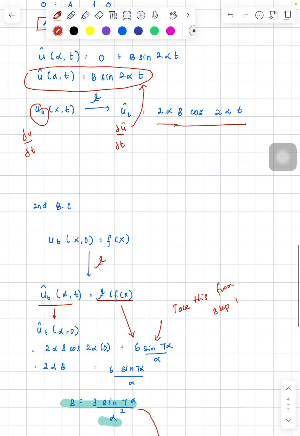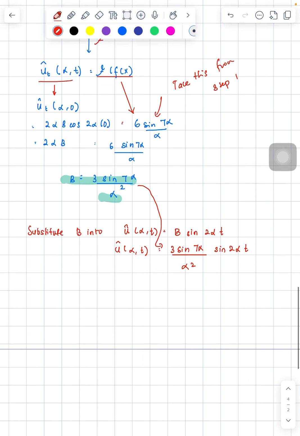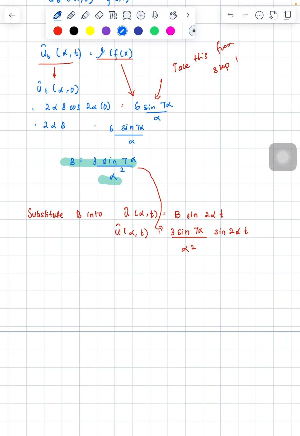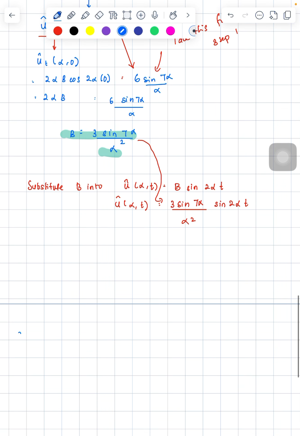Okay, next, step number 4: inverse Fourier transform.